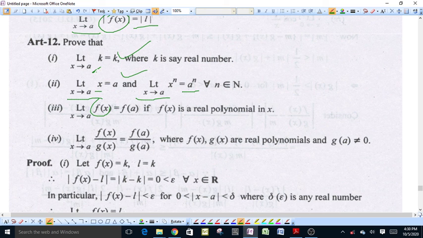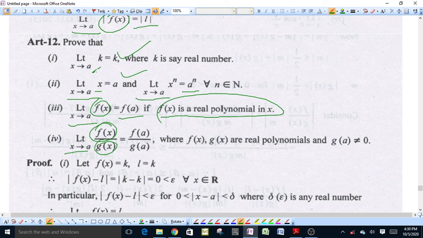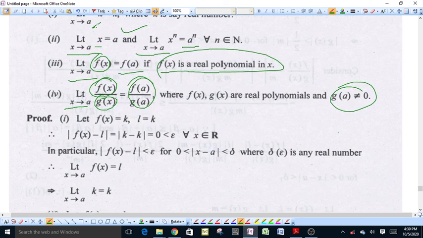Now the limit of f(x) as x equals a is equal to f(a) if f(x) is a real polynomial in x, and again the limit of the quotient f(x) upon g(x) as x equals a is equal to f(a) upon g(a), where f(x) and g(x) are real polynomials and g(a) is not equal to 0, that is, the function g at point a is not equal to 0.